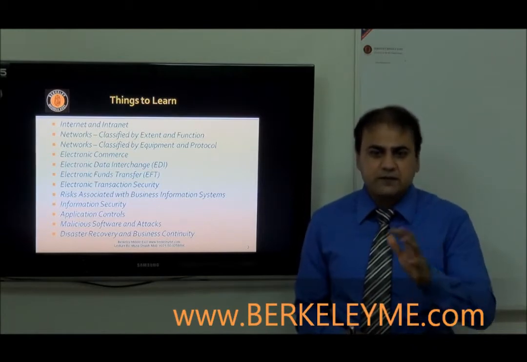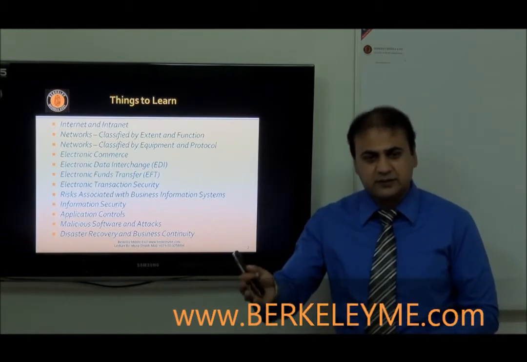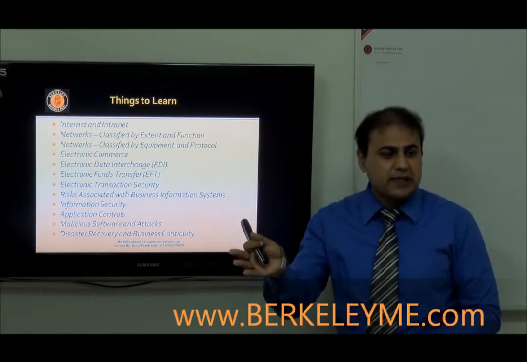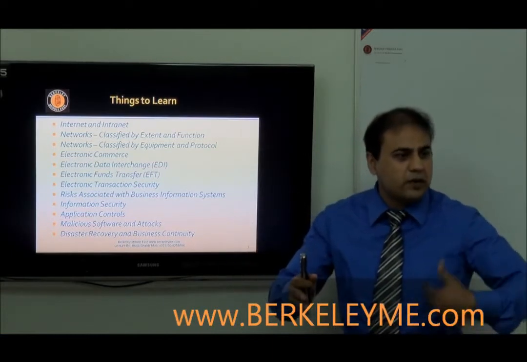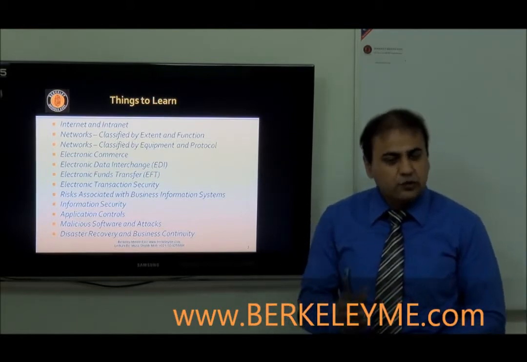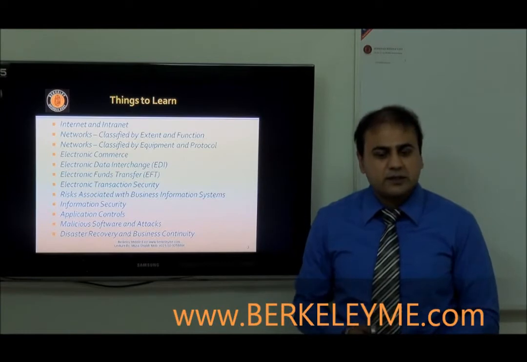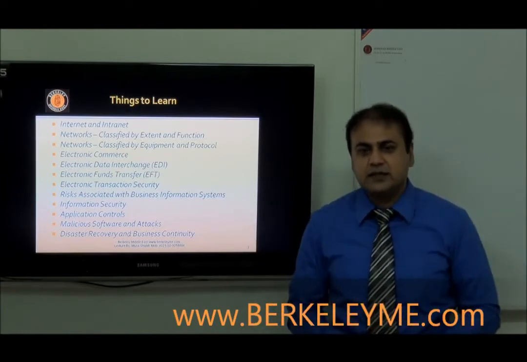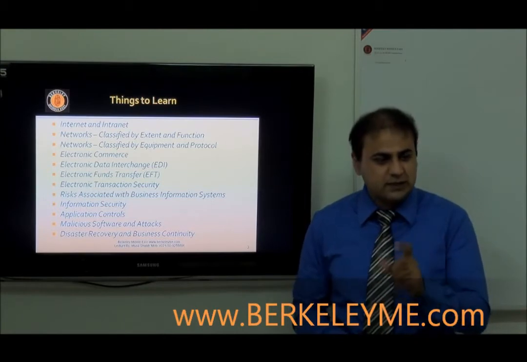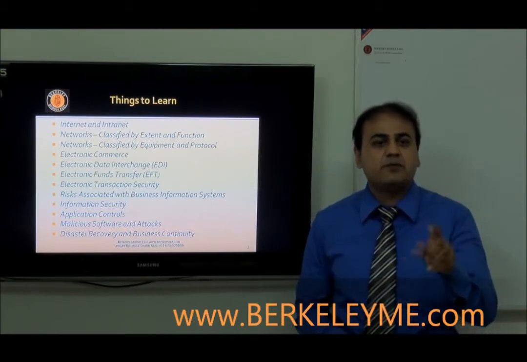So if Honda gets this information that Toyota is going to have a new model, then they can immediately respond and come out with a new model on the same dates. So Toyota might lose that much attraction that they were expecting from the market, right? So that's why business information is very important.